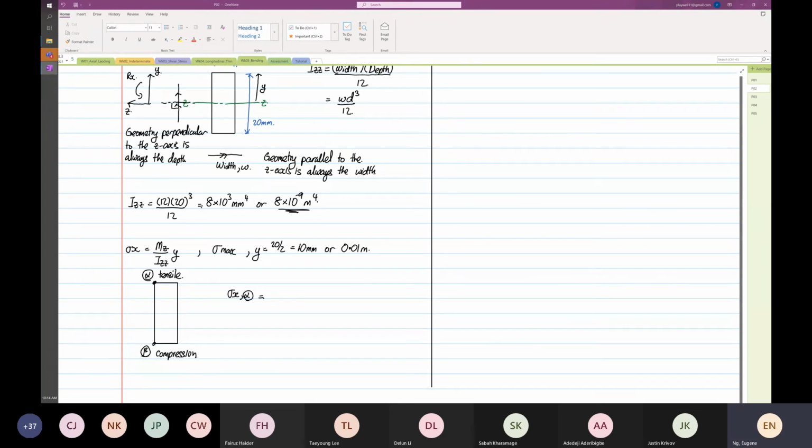The moment is 60 multiplied by 0.01 divided by 8 times 10 to the power minus 9, which is equal to 75 times 10 to the power 6 Pascal tensile.